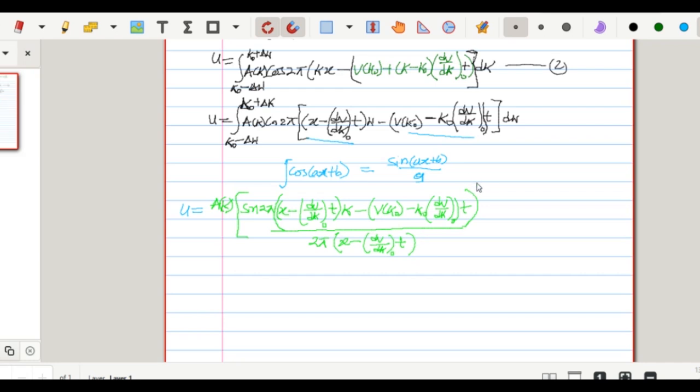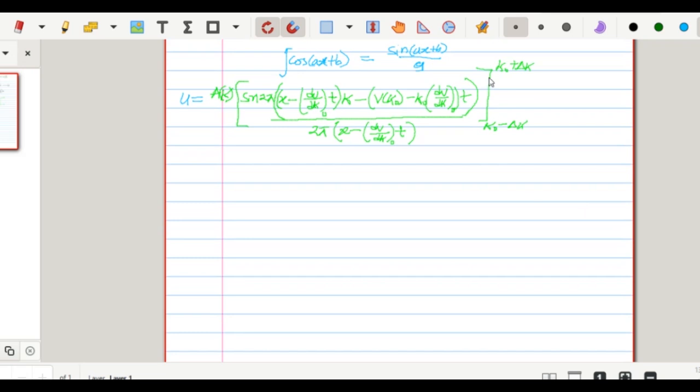And then we are taking our limit from k naught minus Δk up to k naught plus Δk. So from here now, if we take this limit, u will be equal to, substituting this value where you see k, and substituting this value where you see k.